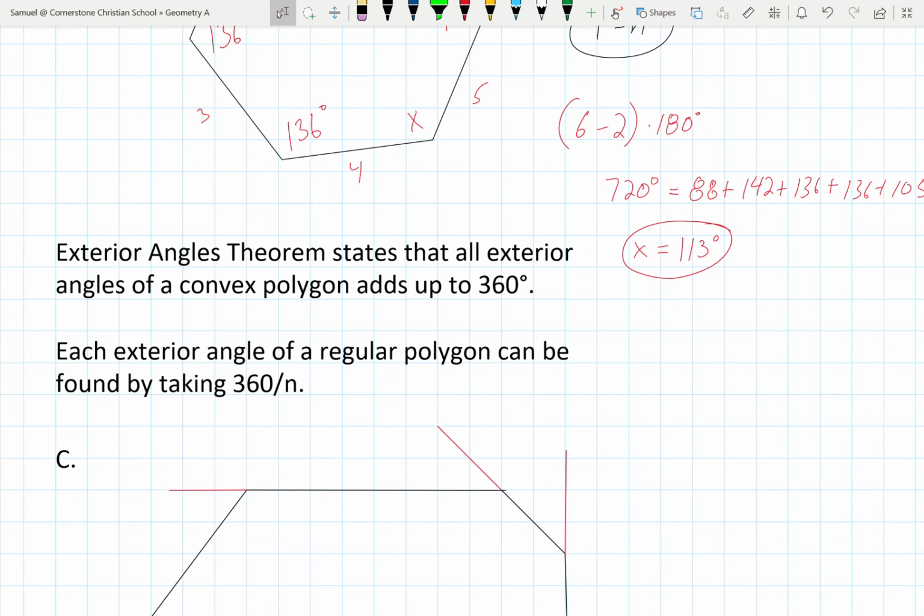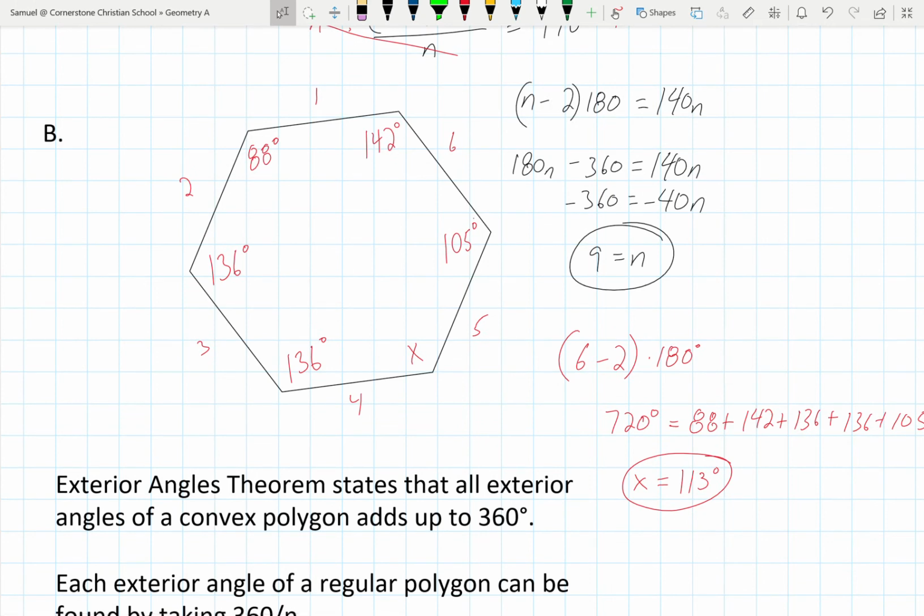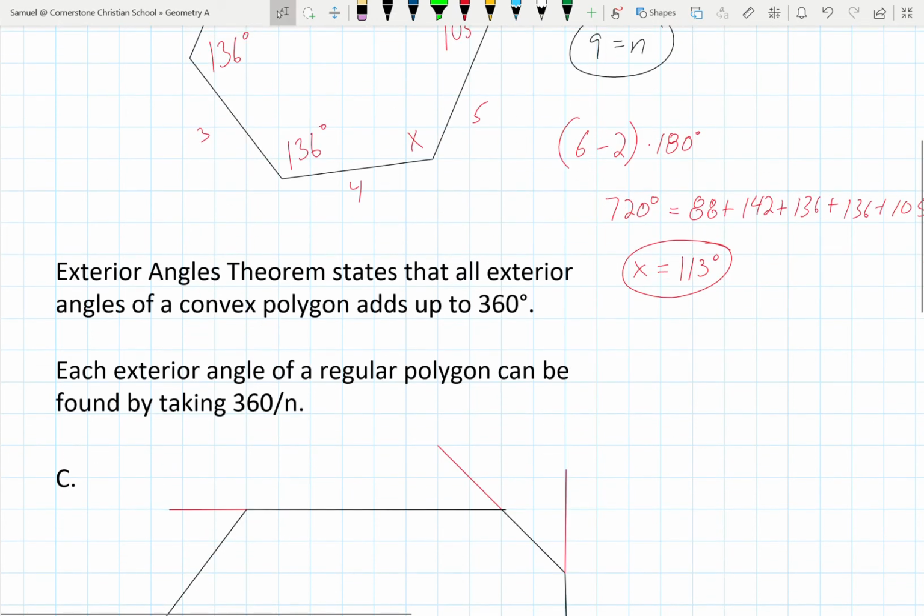I think in your last homework it talked about a 100-sided figure. Doesn't matter, all of them. Every single one, if it's a convex polygon, and that's all we've been using. Again, convex meaning it's going out rather than concave, something coming in, adds up to be 360 degrees.